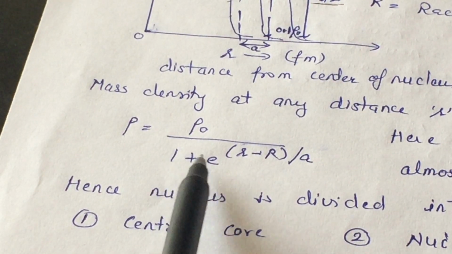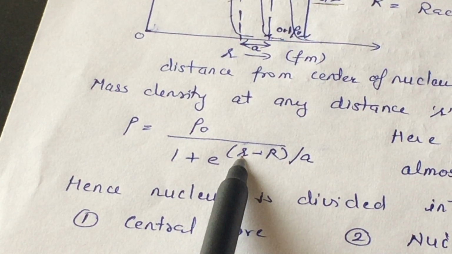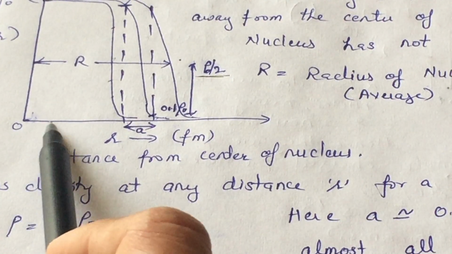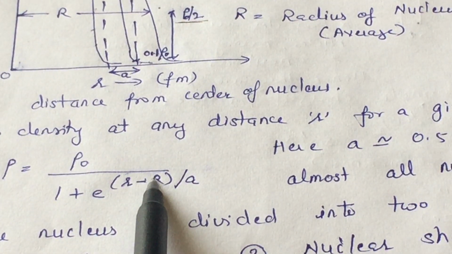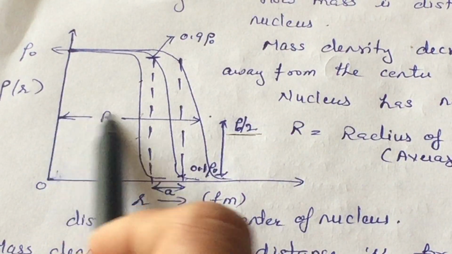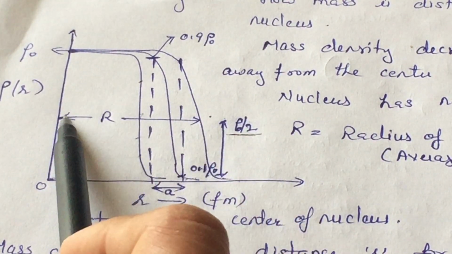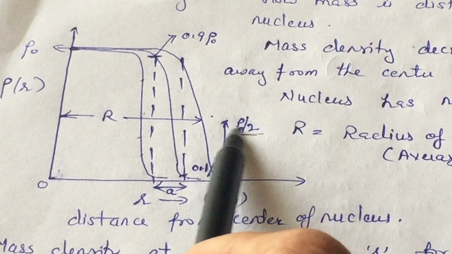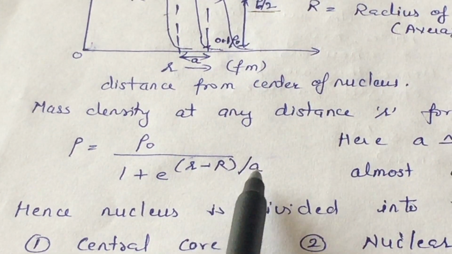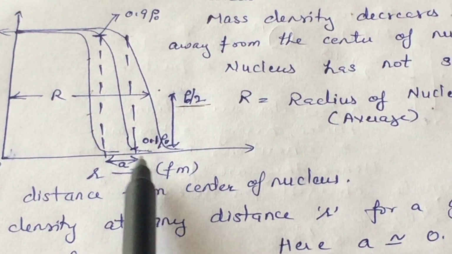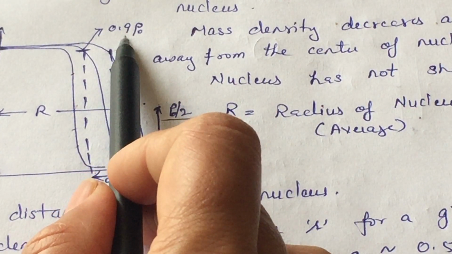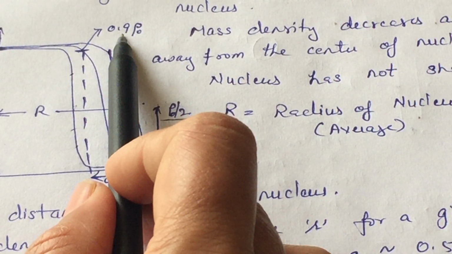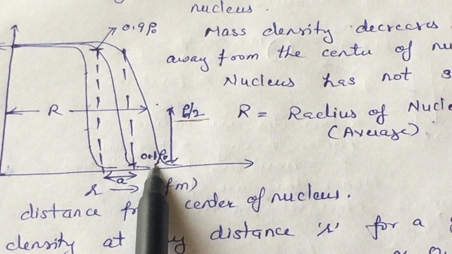Then this is 1 plus e raised to the power, where small r represents the distance from the center of the nucleus. Capital R represents the average radius, the distance where the mass density becomes half of its original value. And a is the distance over which the mass density gradually drops from 90% to 10%.